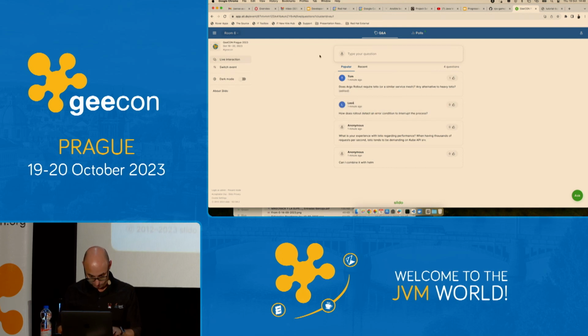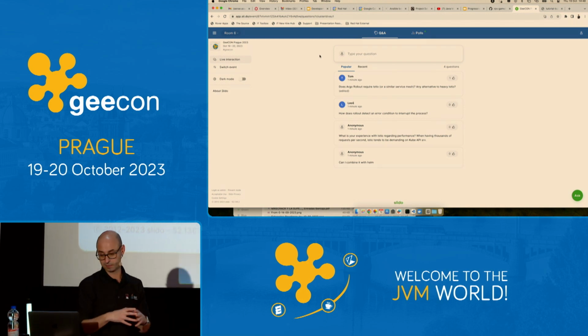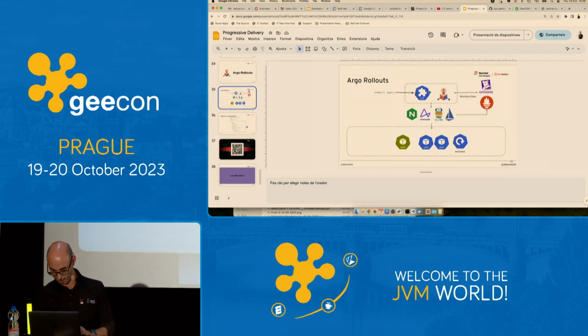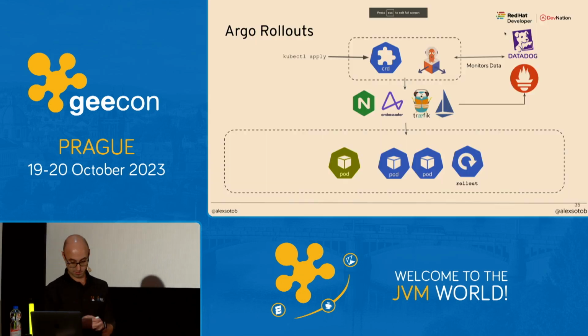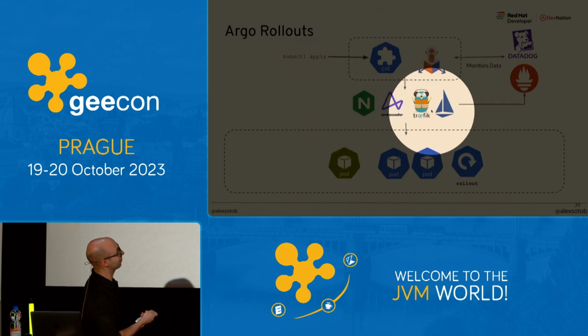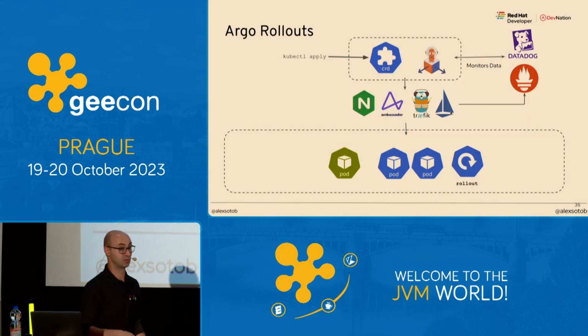Then another question: does Argo Rollouts require Istio? No. Argo Rollouts integrates with a lot of different tools, as you see on the slide: Nginx, Ambassador, Traefik, or Istio.